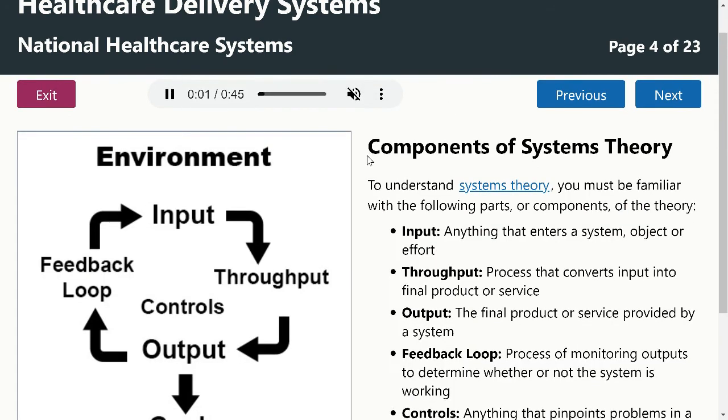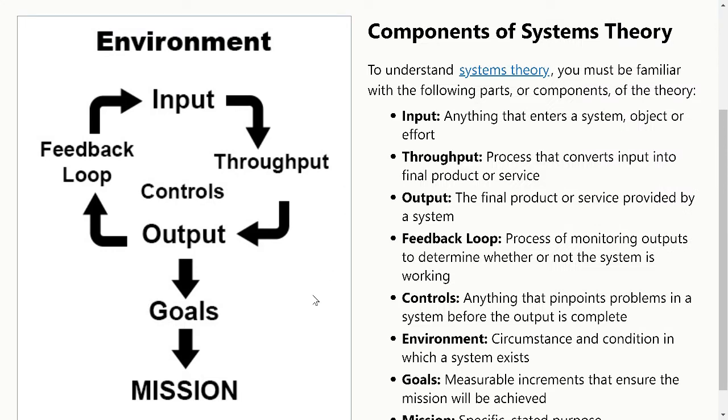Components of system. Alright, so to understand systems theory, you must be familiar with the following parts or components of the theory. You have input, that's anything that enters a system, object or effort. You have throughput, the process that converts input into a final product or service. You have output, the final product or service provided by a system.